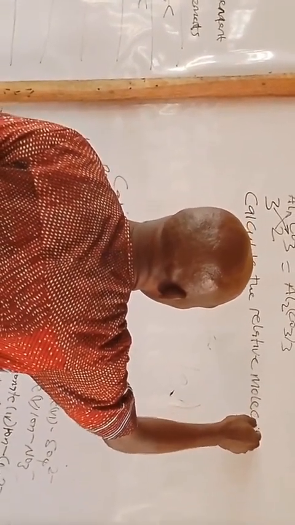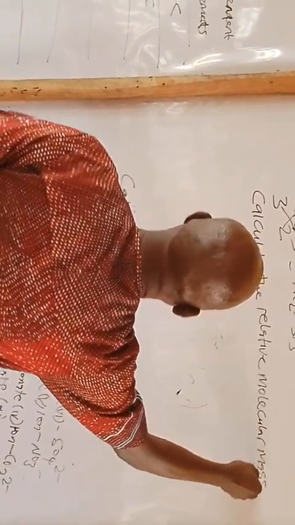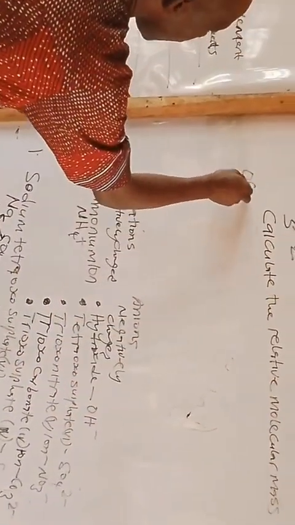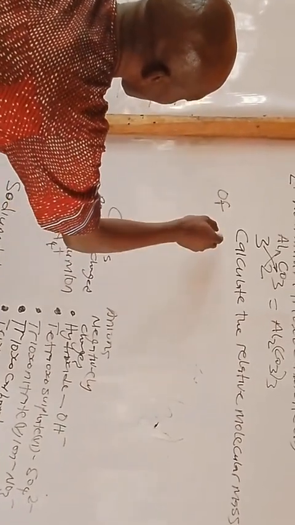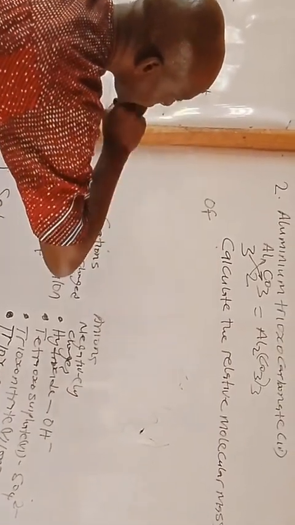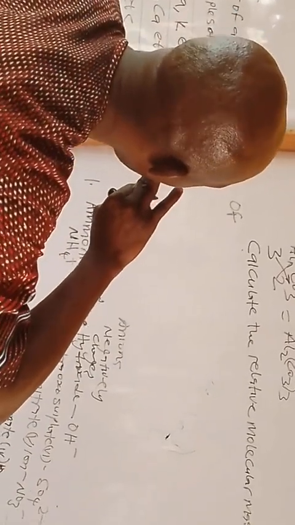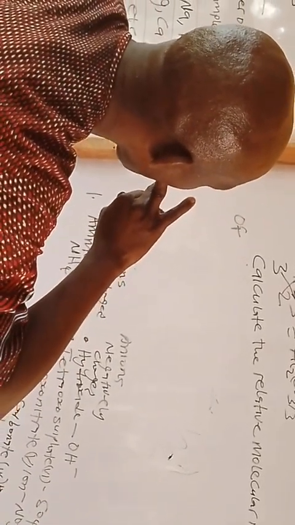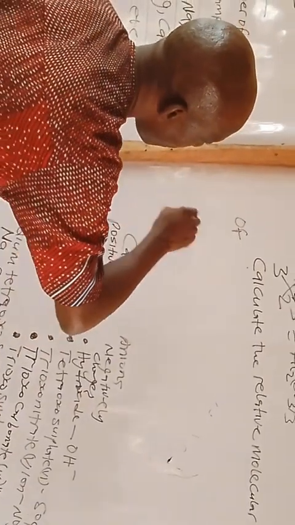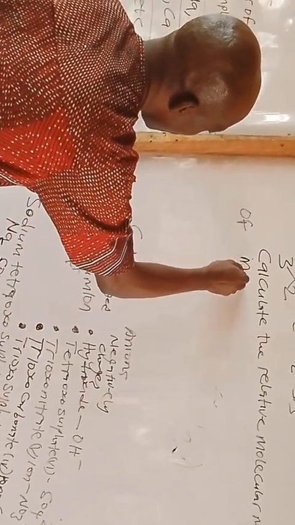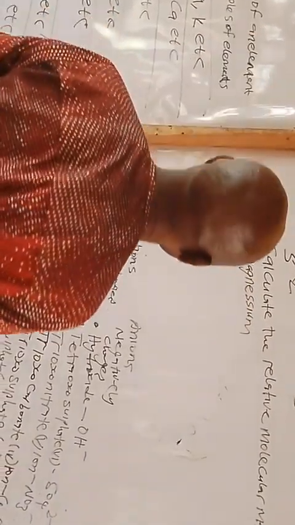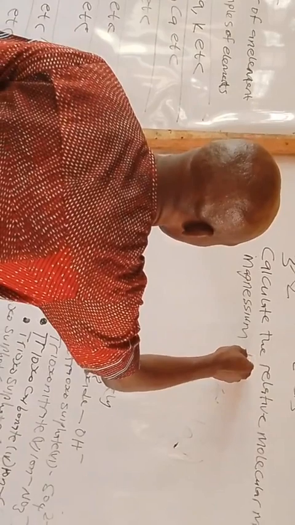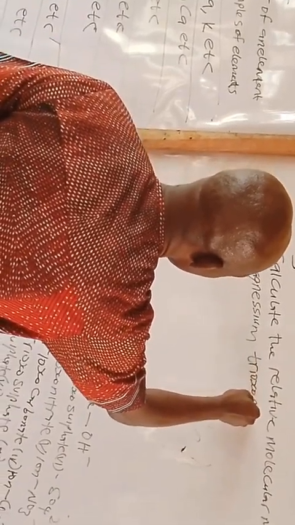Relative molecular mass of, let's say, magnesium trioxonitrate 5.